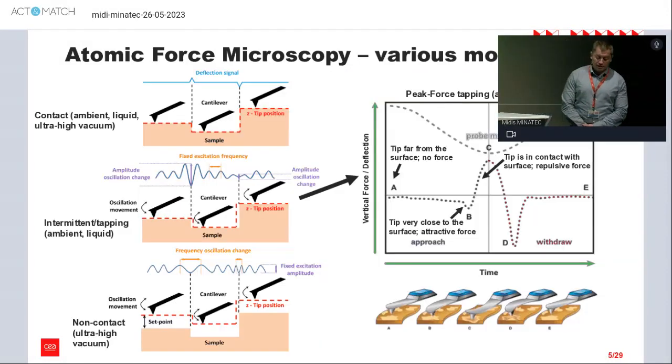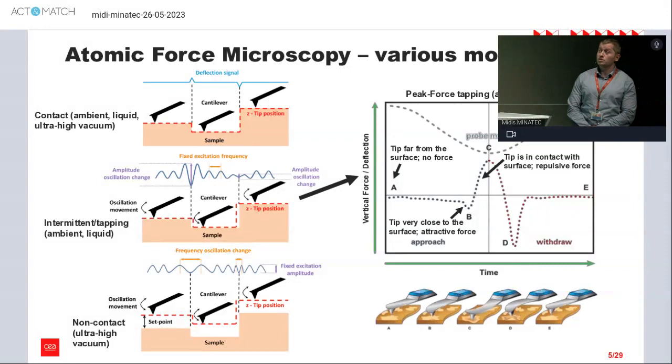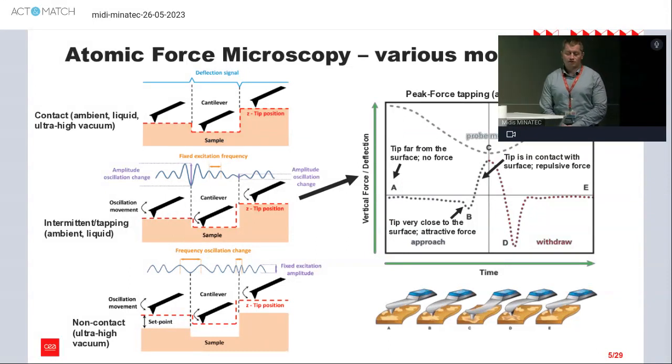Apart from AFM tips, we have access to different modes. Here, only for topography, we have three or four modes to scan topography. Here I present first contact mode. In contact mode, we use the deflection signal of the cantilever to scan the topography.